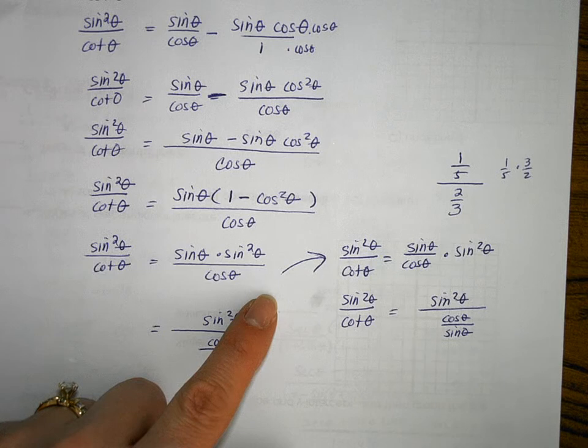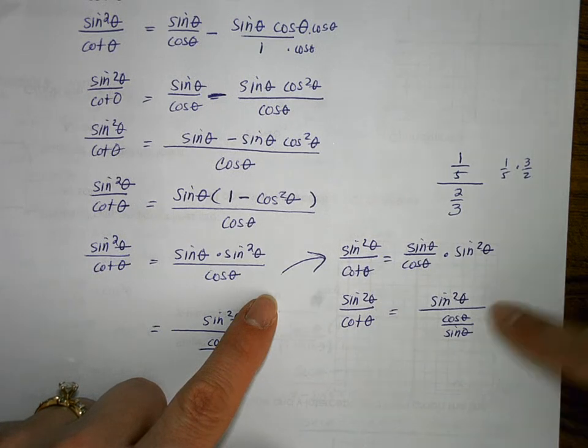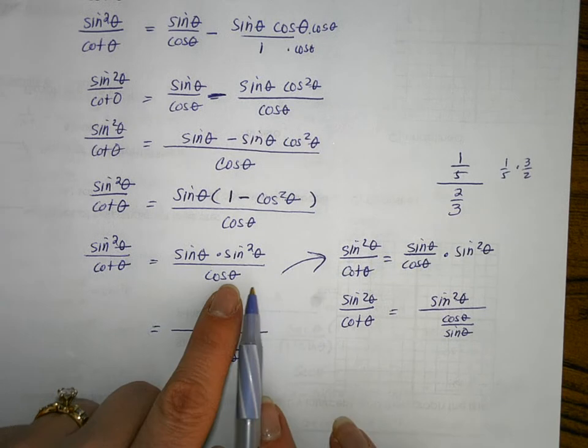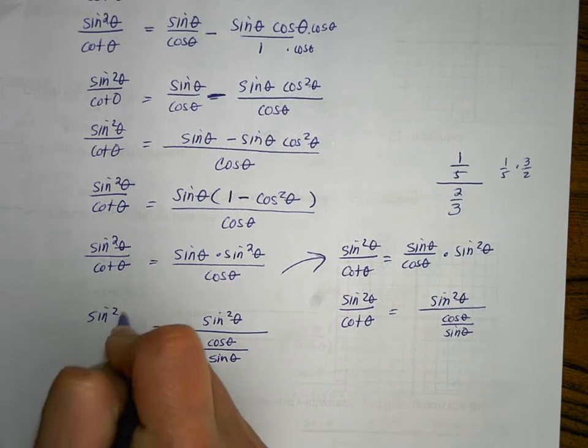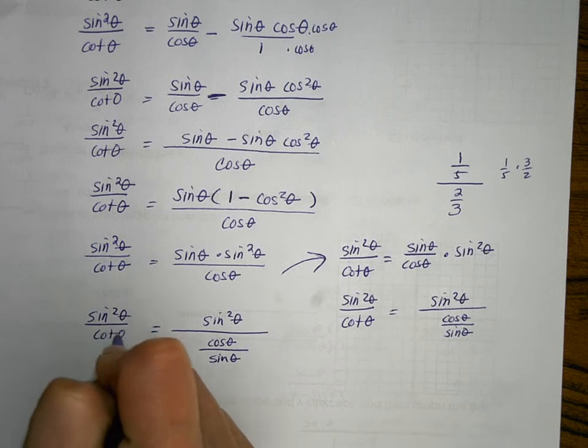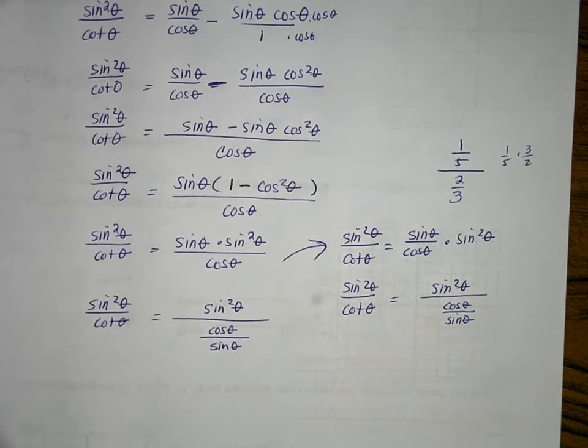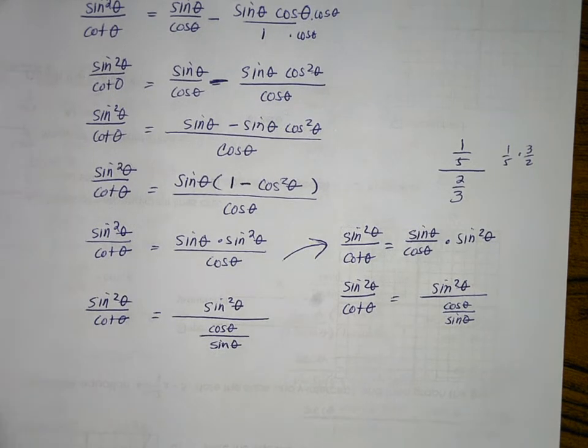Anybody confused by that? If I multiplied by the reciprocal, I would get back to exactly where I started. Now, in my denominator, I have cosine of theta over sine of theta. Yeah, it's cotangent.